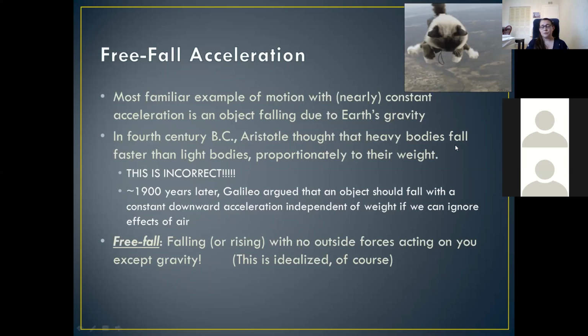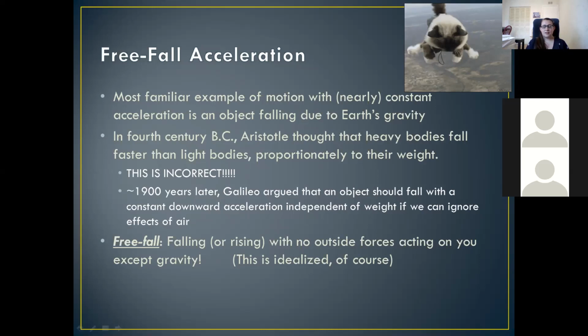Probably if you went to some random person on the street and asked them questions about physics, because who doesn't do that in their free time? And you ask them, between an apple and a hammer, which one would hit the ground first if you drop them? Most people would say that the heavier one will hit the ground first, and it falls faster because it's heavier. And really, that's not true.